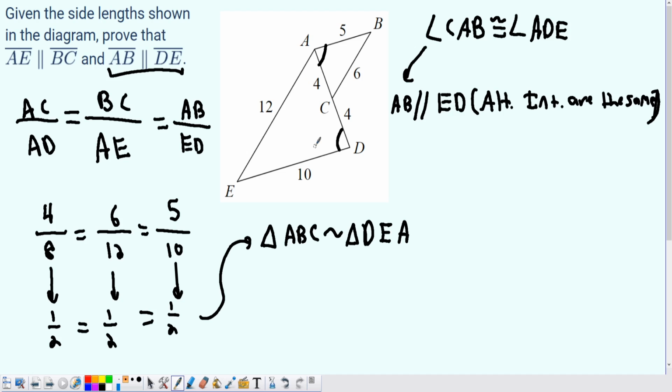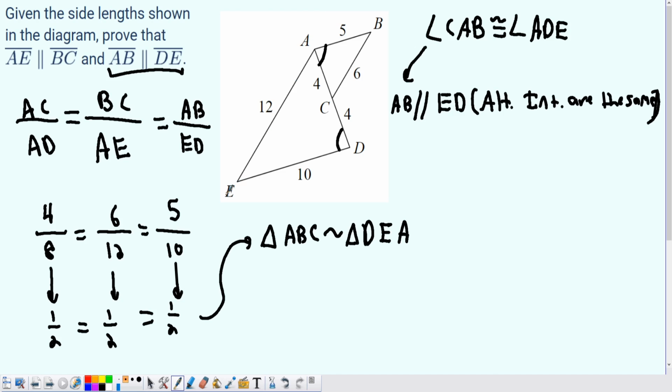So is there anything else we could come up with like that? Well, we want AE and BC. That's a little weird. BC is right here, and AE is right here. So what could I do there?